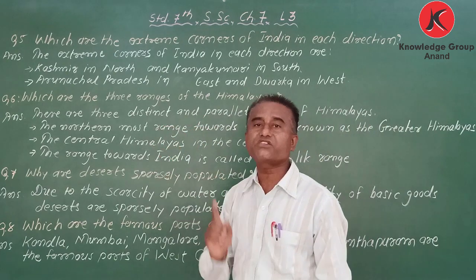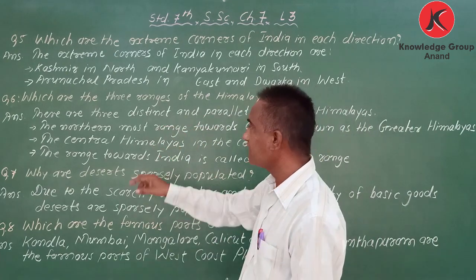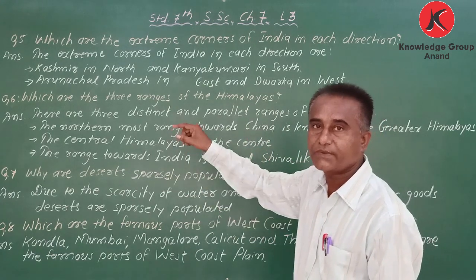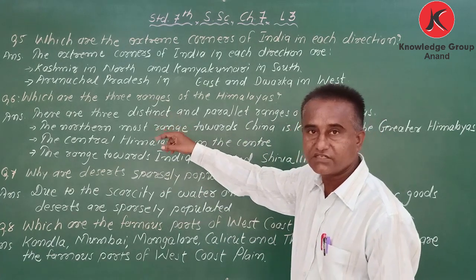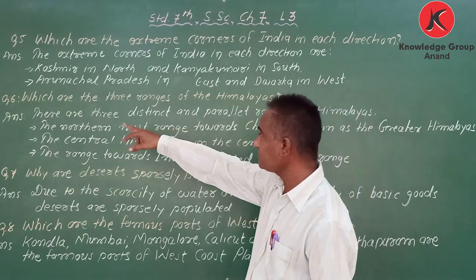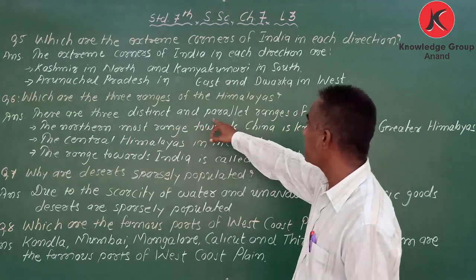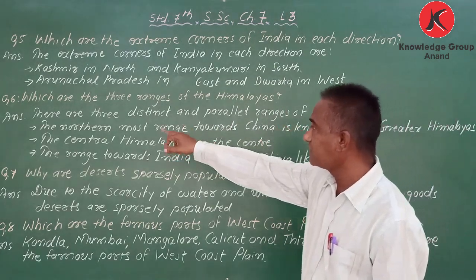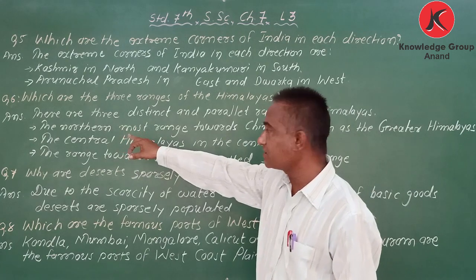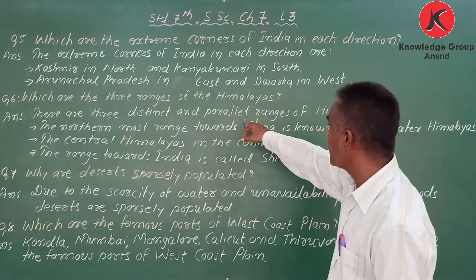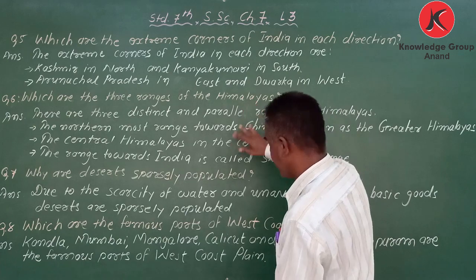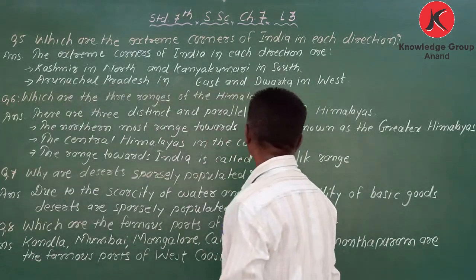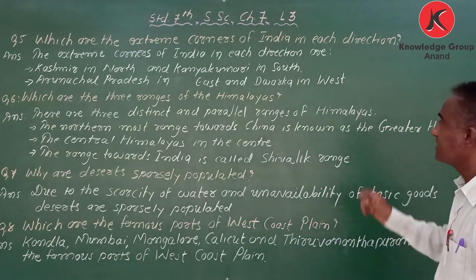In your textbook, the last paragraph on the last page, where the physiography revision and the explanation about the Himalayan ranges are given, says: there are three distinct and parallel ranges of the Himalayas.